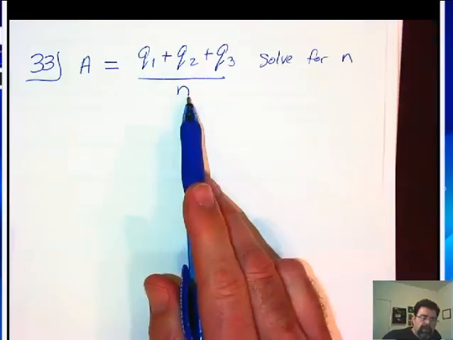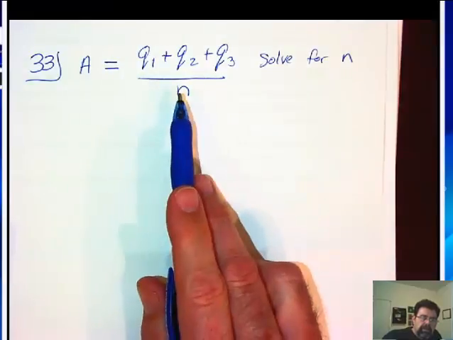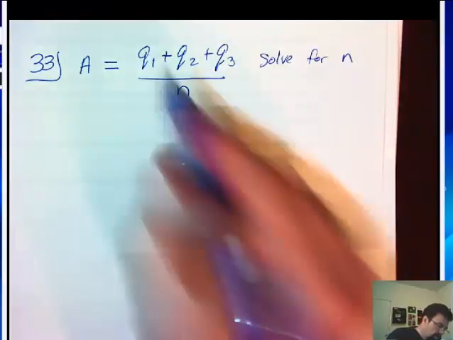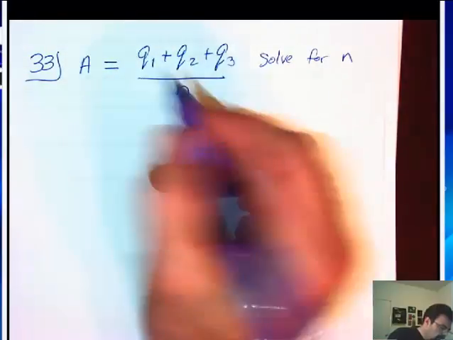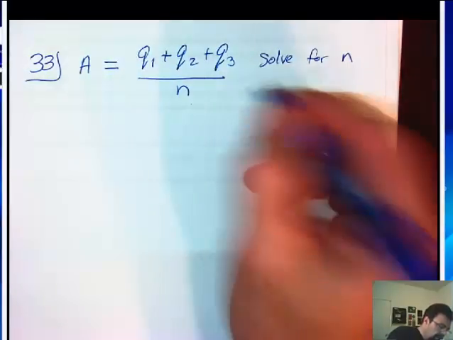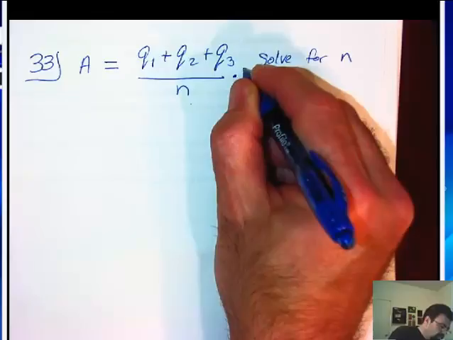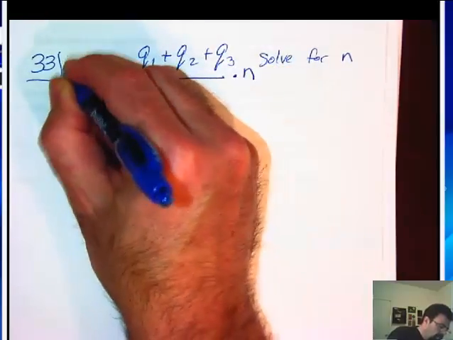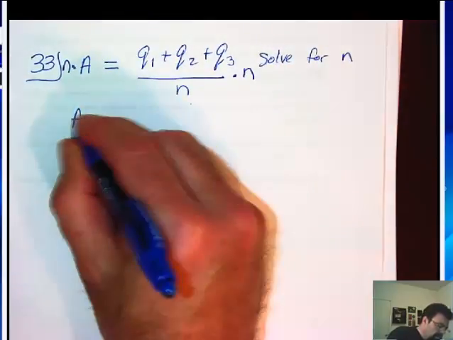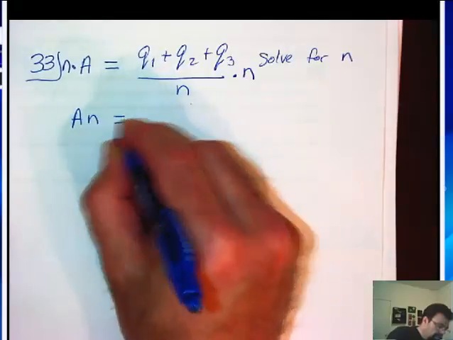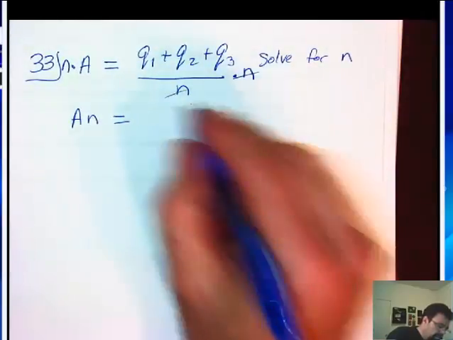So first step is let's clear the fraction, since the n's on the bottom especially. So we're going to multiply both sides by n. Here I'm just going to do a shortcut. So I got a times n equals, these n's cancel.